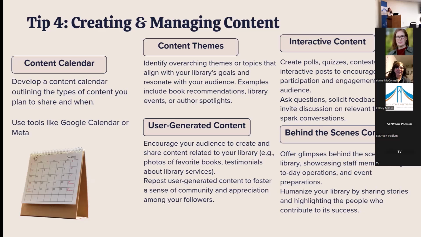You can develop a calendar that outlines the content you want to share and when. And then some different content types I put on the side here. You can pick themes that support the library's goals. For example, there could be book recommendations, events, author spotlights.